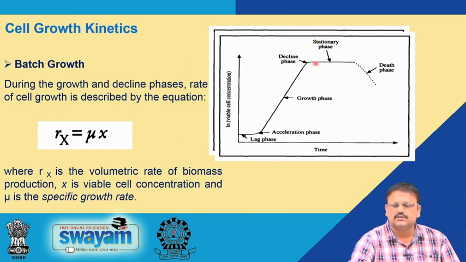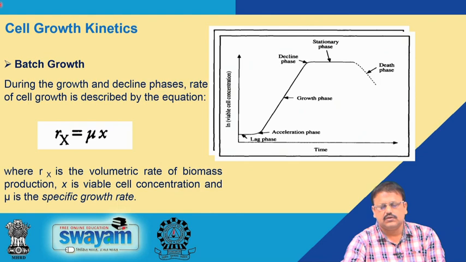And in the stationary phase, as many microbes as grow, that many die. So that is basically the stationary phase, where no change of microbial growth is observed. Then the death phase is where the growth is lesser than the death, so the microbes are going to die here. From the industry point of view, the growth phase is very important, because it has the maximum possibility of obtaining the product.